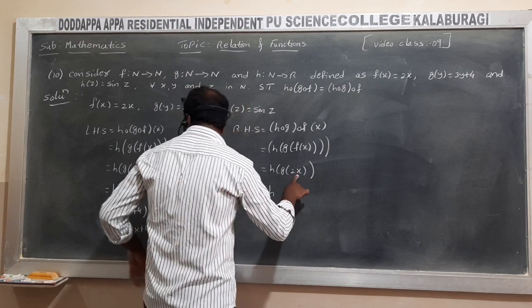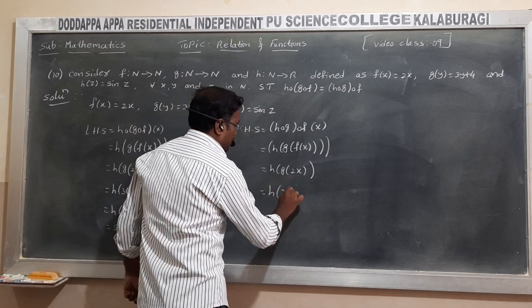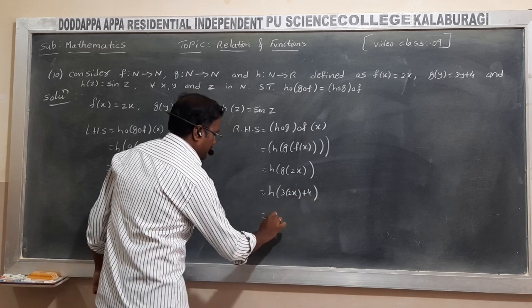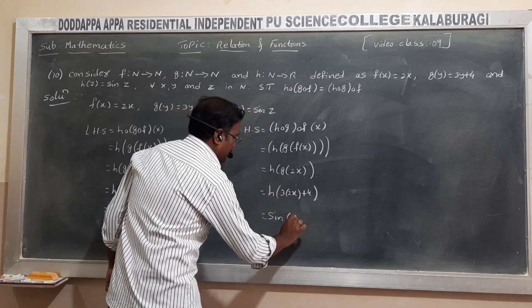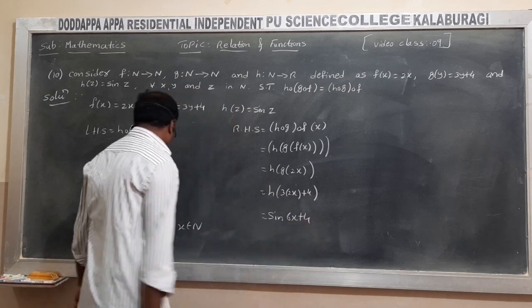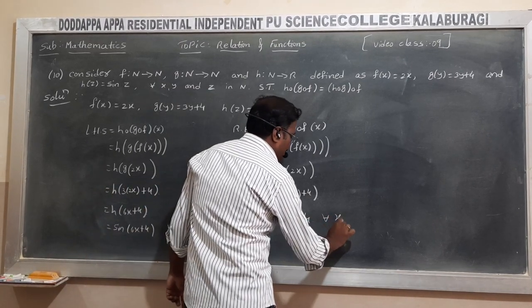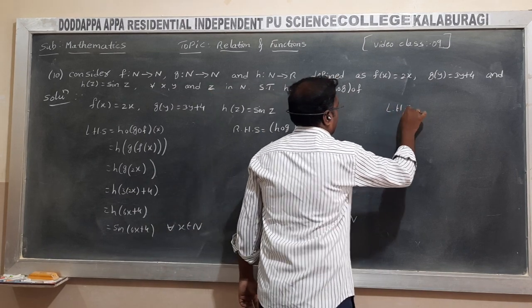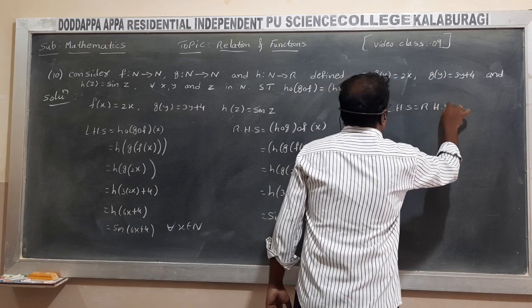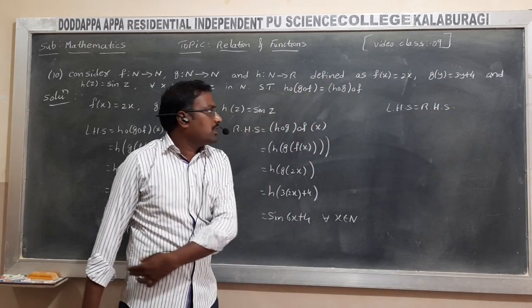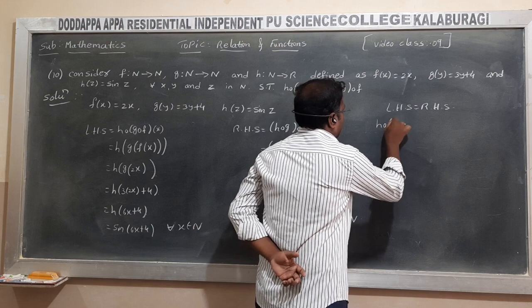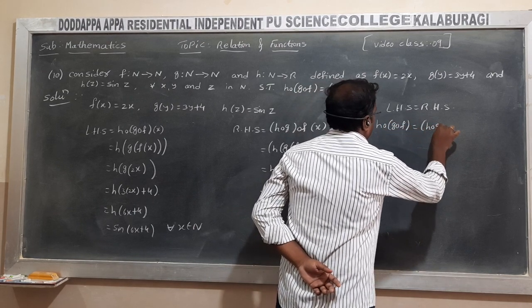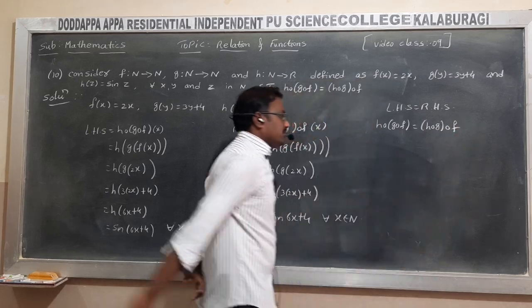Again g of 2x means 3 into 2x plus 4. h of x value means sin of 6x plus 4. So for all x belongs to natural numbers, therefore LHS equal to RHS. So (h naught g) naught f is equal to h naught (g naught f).